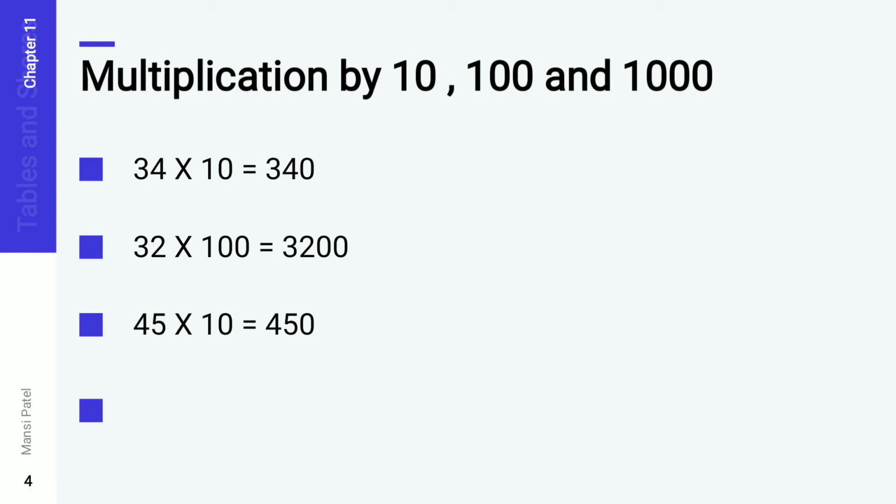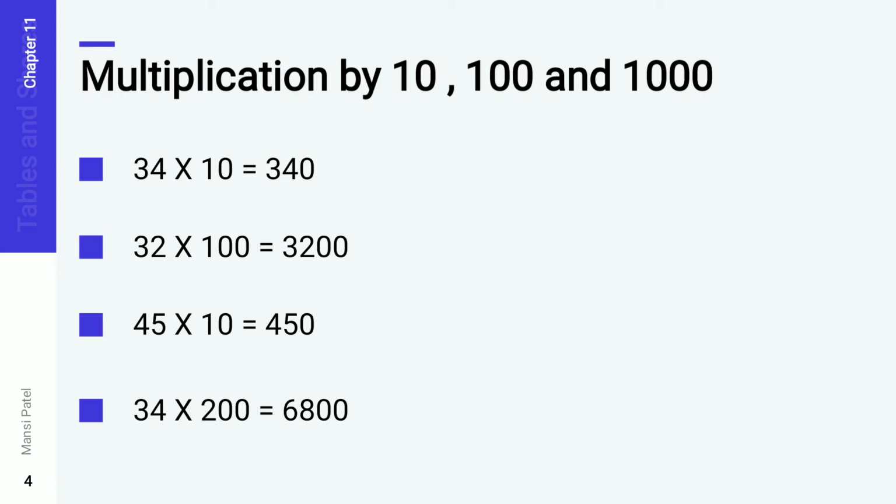Now the next one. In this you have to find out 34 two-hundreds. So first what do you want to do? You have to just do the multiplication of numbers only. Which are the numbers in this? The numbers are 34 and 2. So first you have to do the multiplication of 34 and 2.